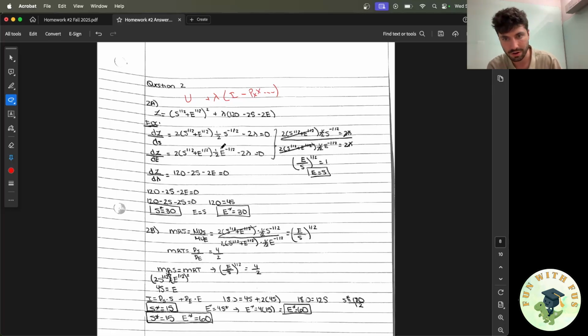One interesting note: I think you always get something in terms of one variable in terms of the other.